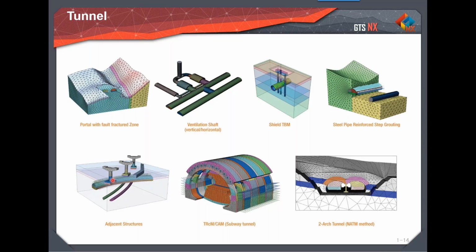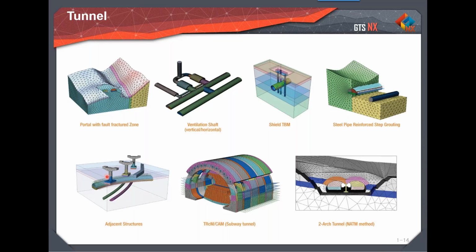Suppose you have a Midas Civil model wherein you have bridges at the top of your ground, and then there is a proposed tunnel being excavated. You can simply bring your model from Civil to GTS NX, and you can model the excavation directly in GTS NX. How the tunnel excavation is going to affect the existing structure can easily be simulated.